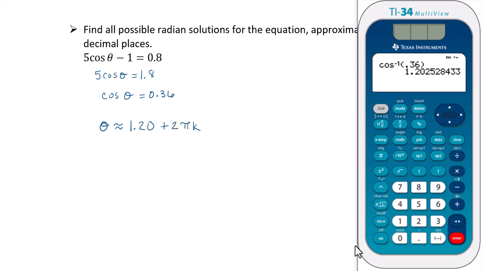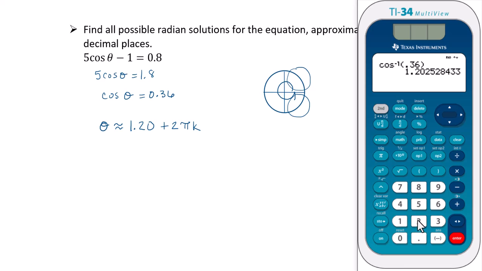To make sure that we capture all possible radian solutions that are coterminal with that, we'll add 2 pi k. But remember, we're talking about on the unit circle, 1.2 radians is somewhere in this first quadrant here. The other place where the cosine of theta is 0.36 would be in quadrant 4. So we'll take this 2 pi radians and subtract off the 1.2 radians.